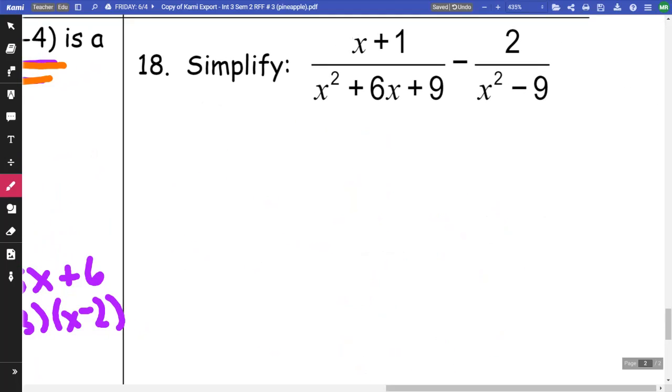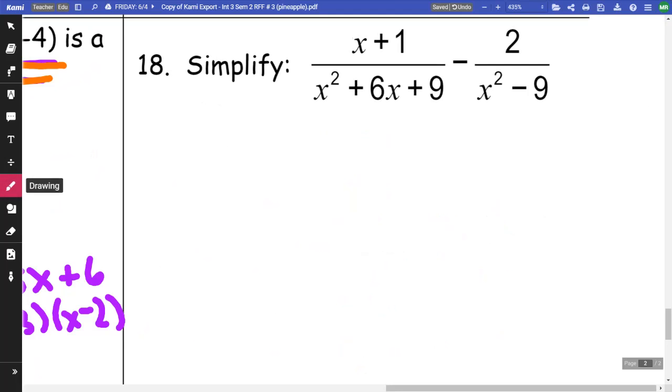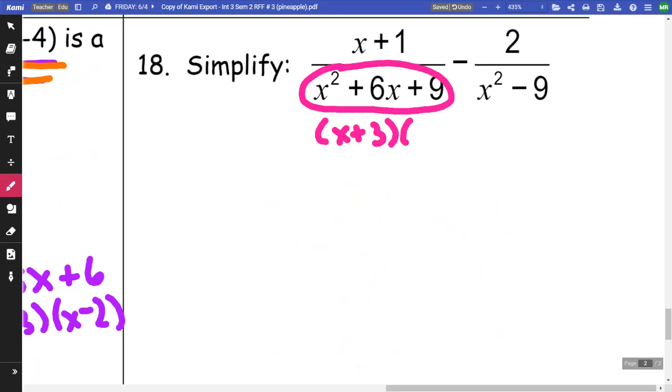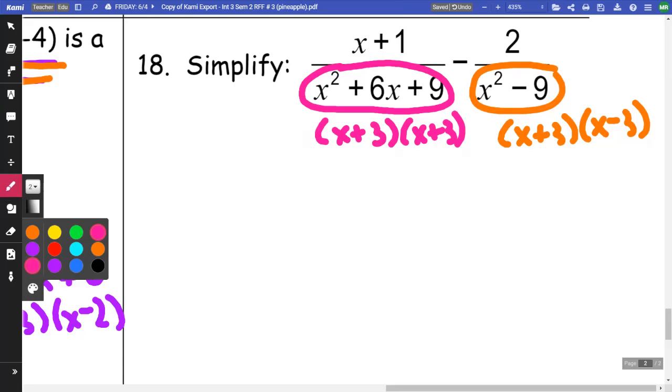Okay, 18, we're going to be adding these fractions. This right here is going to be an x plus 3 squared, or an x plus 3, x plus 3 is how I will write it. This other one over here is going to be an x plus 3 and an x minus 3. So I need to get a common denominator.